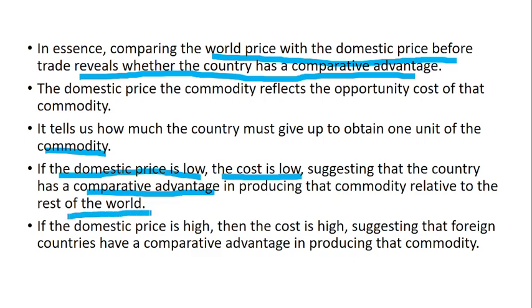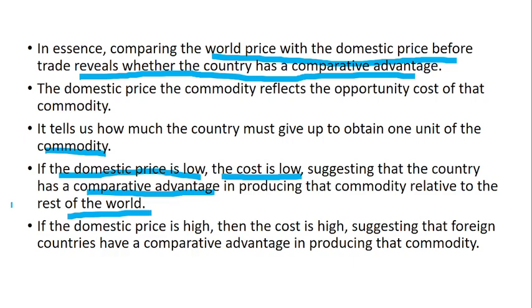So if the price of your commodity is less, it does mean that your cost of production is less. And if your cost is less, you have a comparative advantage in that commodity, because you are able to produce it at a lower cost. You are more efficient in the production of that commodity compared to the other countries.